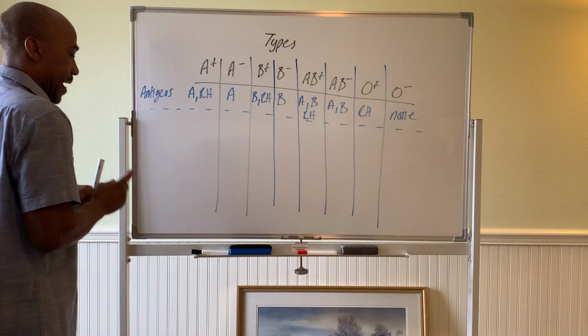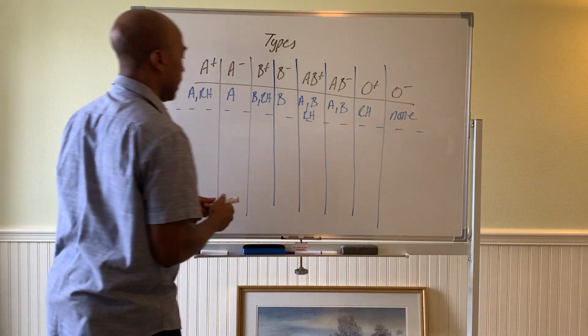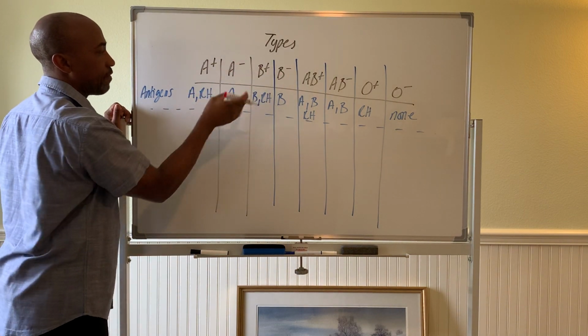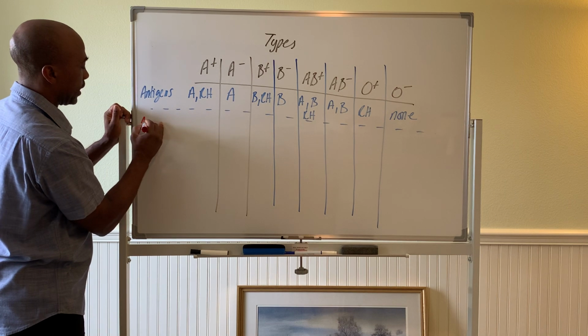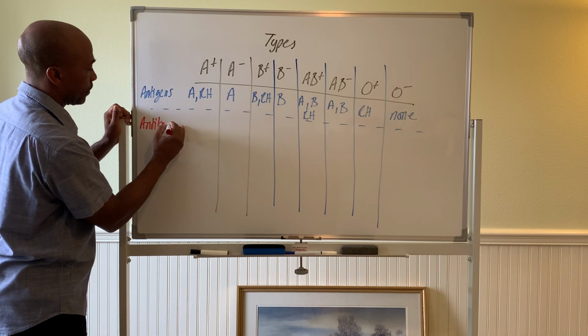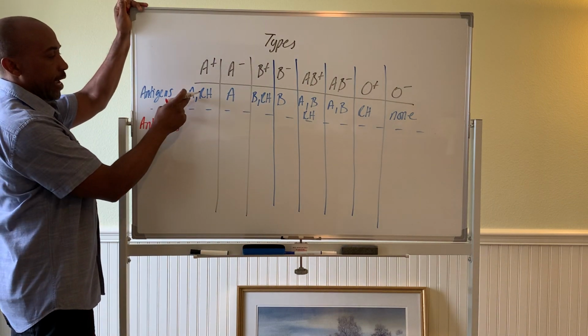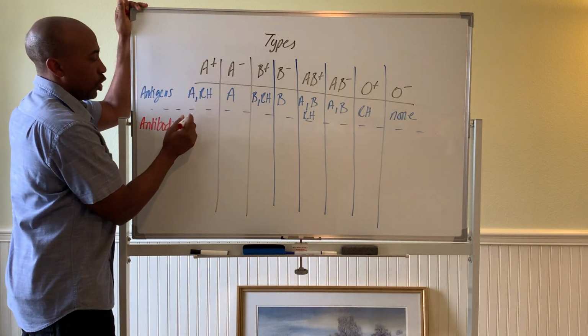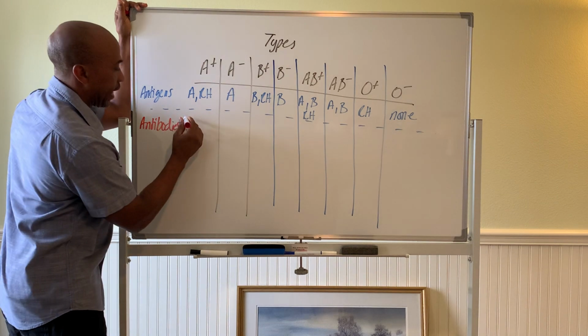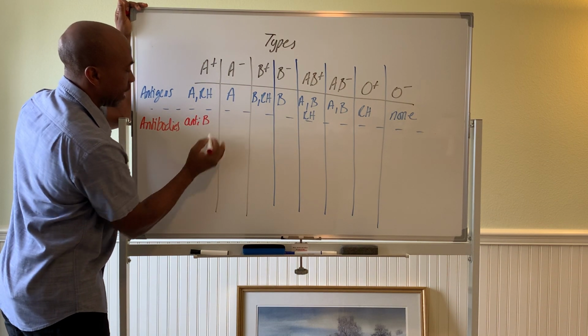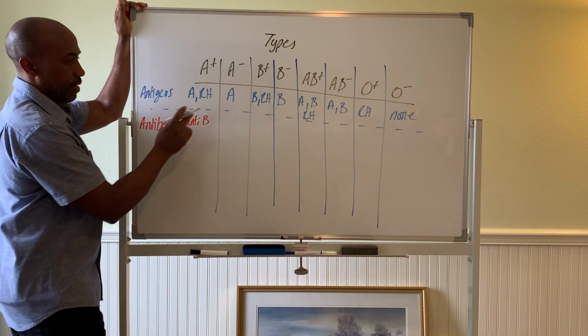If we next look at the antibodies that these blood type people would have in their blood. So antibodies in the blood. Since you're A antigen, you will not have anti-A. Instead, you will have anti-B antibodies.